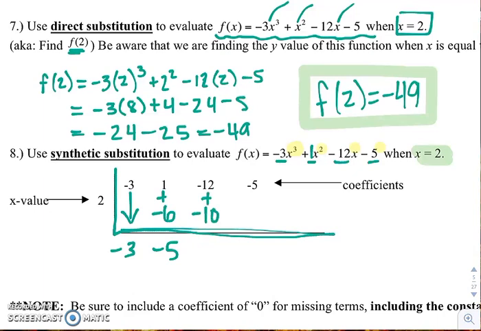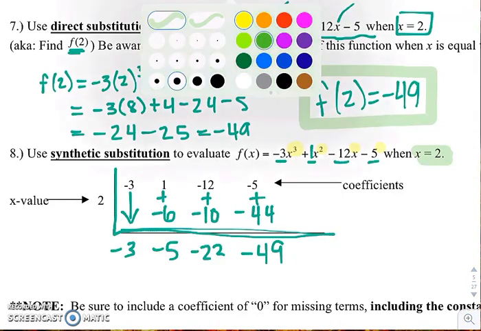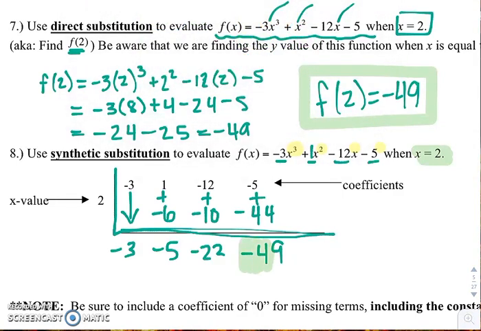Add those two values. -22. Multiply that by 2. -44. Add your two values, and if you'll notice, we got the same thing that we got above.